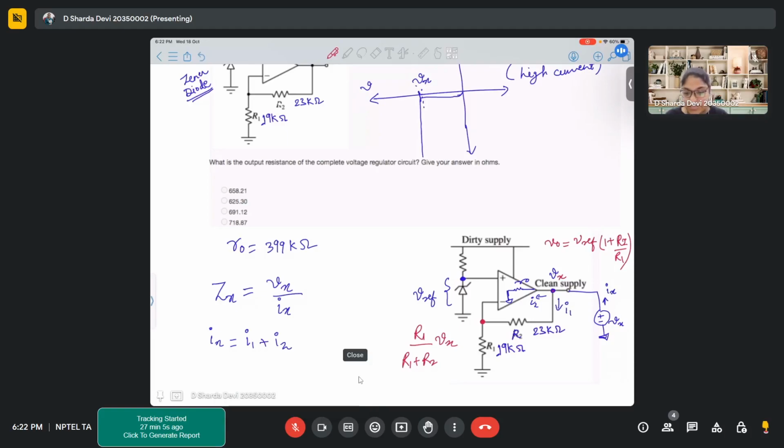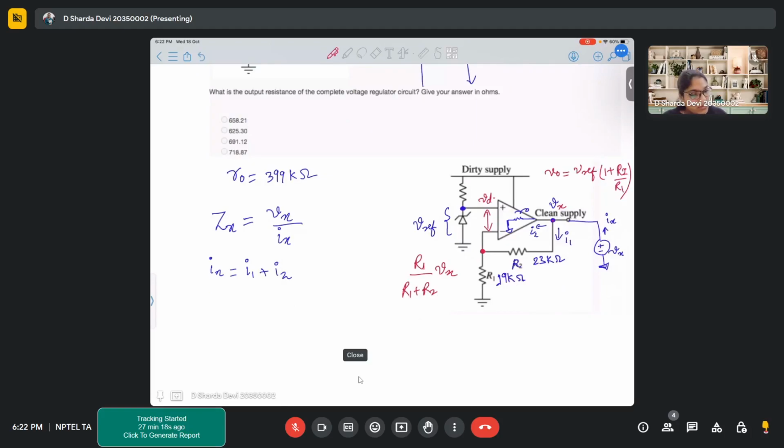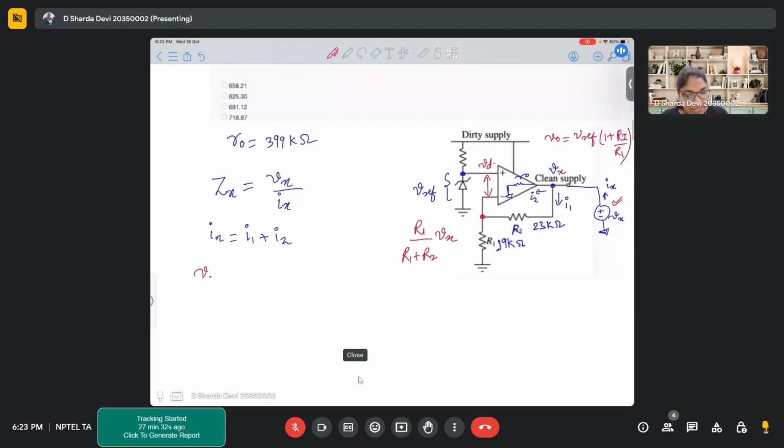And if we see what is the difference between these two, Vd. So considering that only this voltage is working, Vd is minus of, because the potential is appearing at the negative terminal, and Vd is always V plus minus V minus.